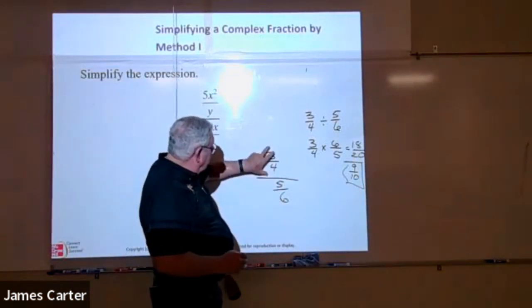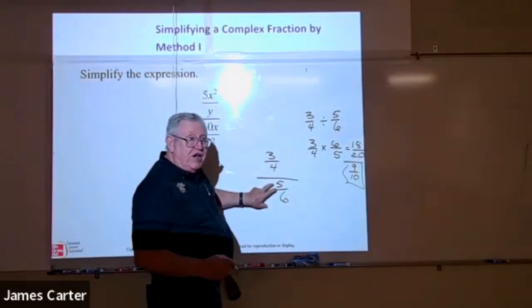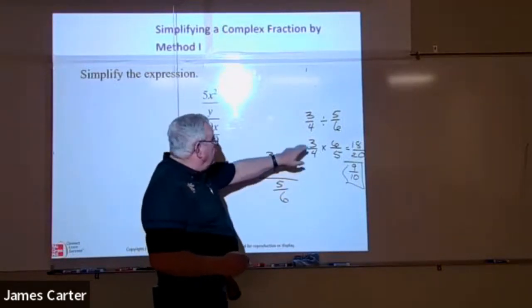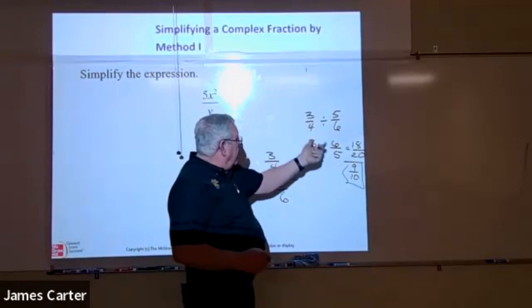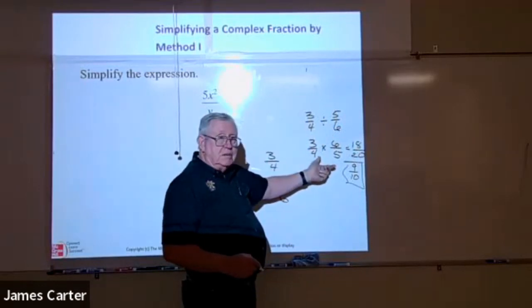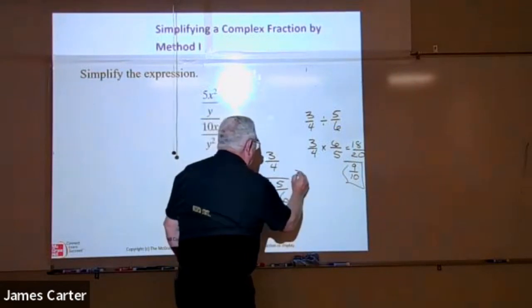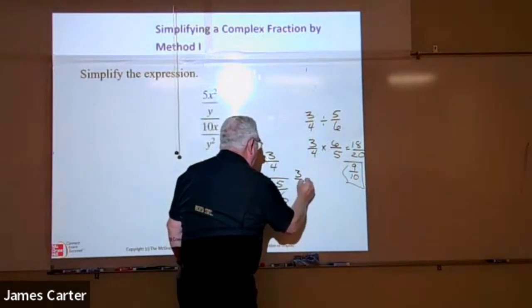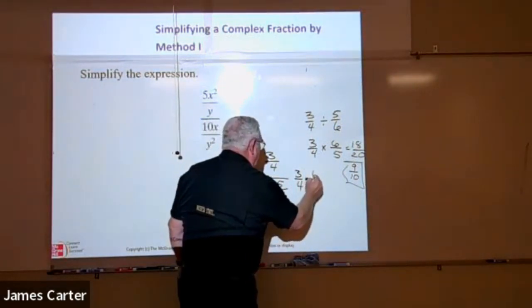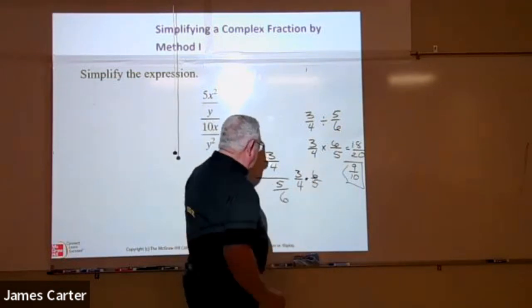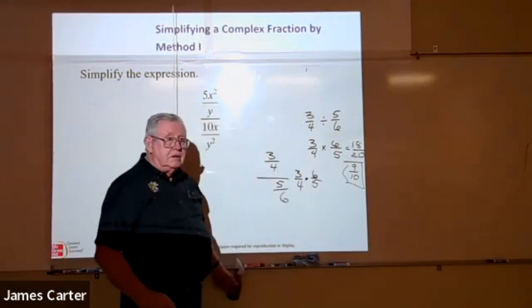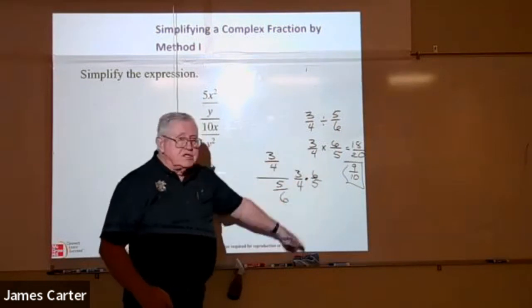Well, obviously it's this fraction divided by that fraction, right? What did we do over here? We flipped and changed to multiplication. What do we do here? We flip and change to multiplication. And from there on, it's the same.